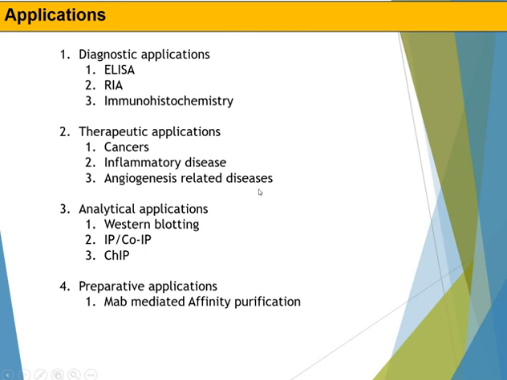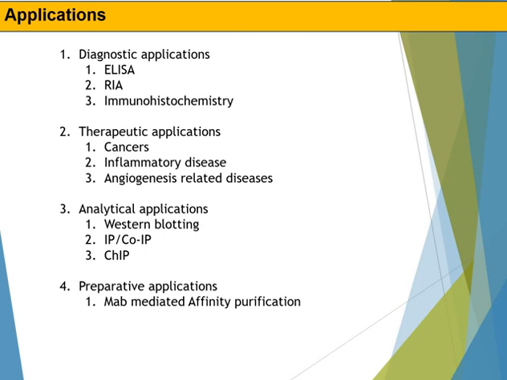Similarly, angiogenesis related diseases like cancer and some ocular diseases, where a lot of angiogenesis or blood vessel formation takes place in your retina. By using antibodies against angiogenesis promoting molecules like VEGF, vascular endothelial growth factor, you can actually control these things like cancer and retinal angiogenesis.